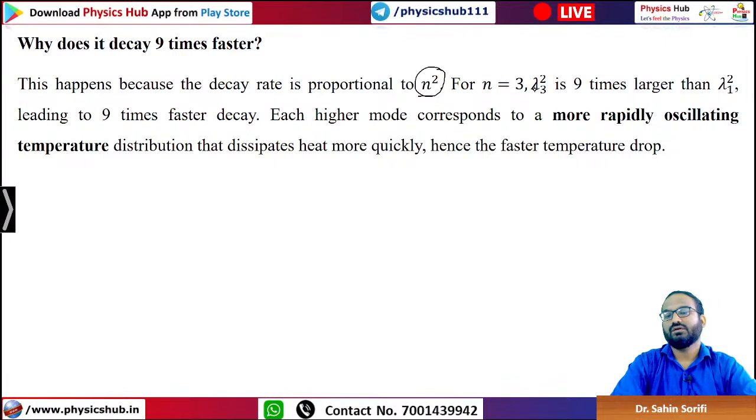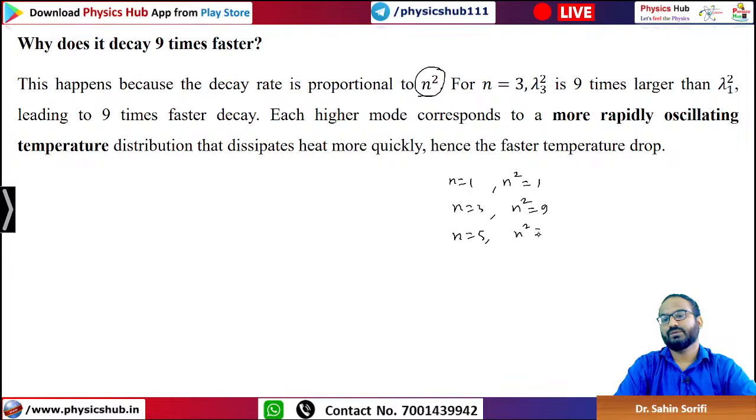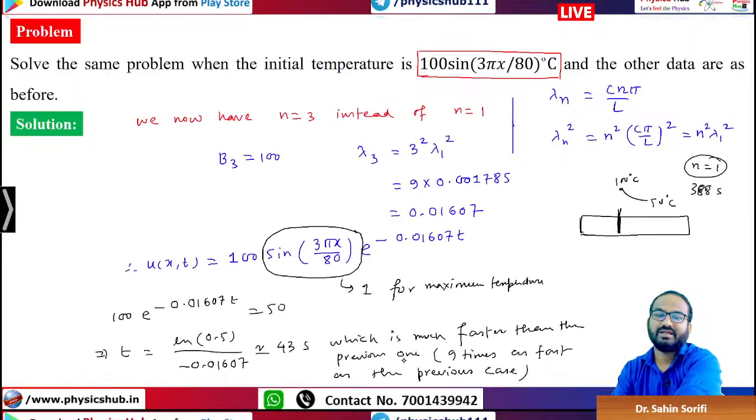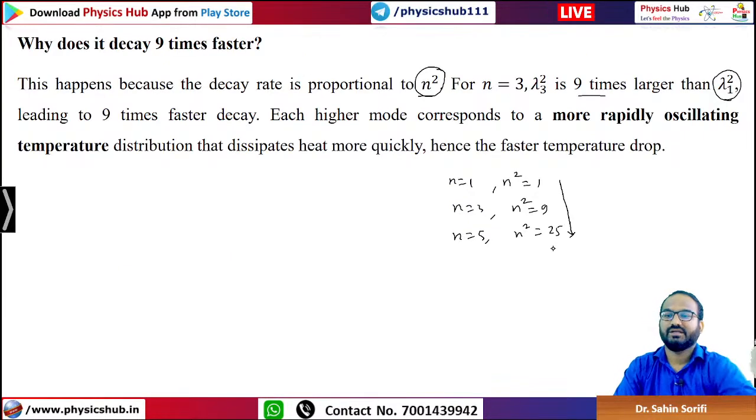So as you go for n equals 1, you get n square equals 1. For n equals 3, n square is 9. For n equals 5, n square is 25. So you can see it is rapidly increasing. It is 9 times larger than lambda 1 square, and that is why you get 9 times faster. For the next mode you will get 25 times faster.